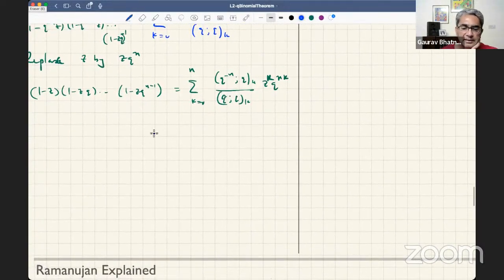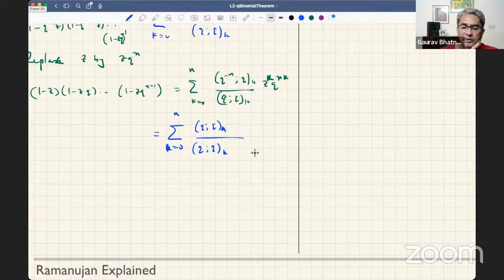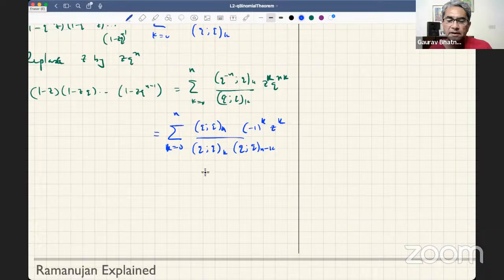This is a short exercise: you can write this as (q;q)_n over (q;q)_k (q;q)_{n-k}, times minus 1 raised to k, z raised to k.